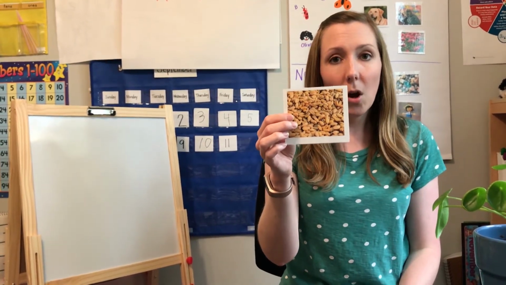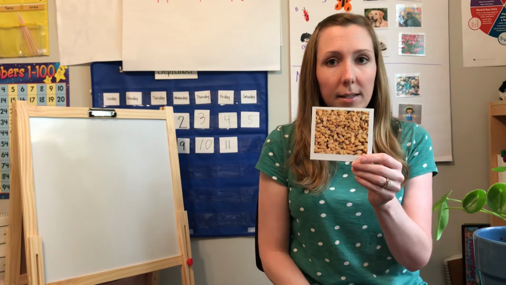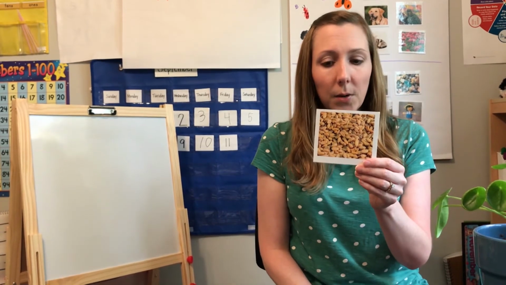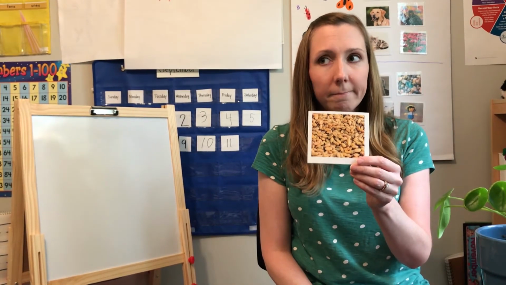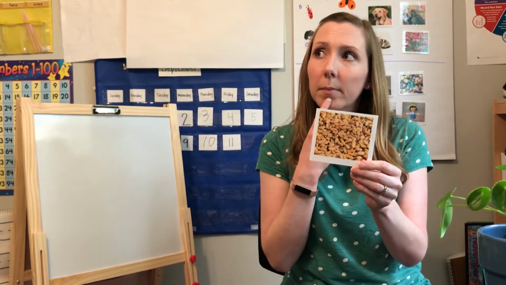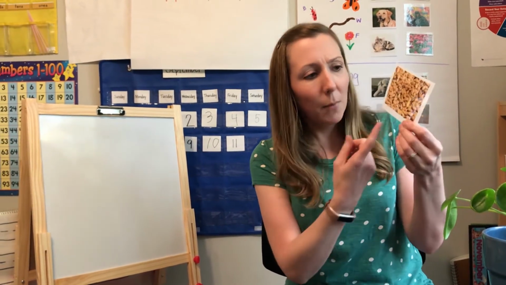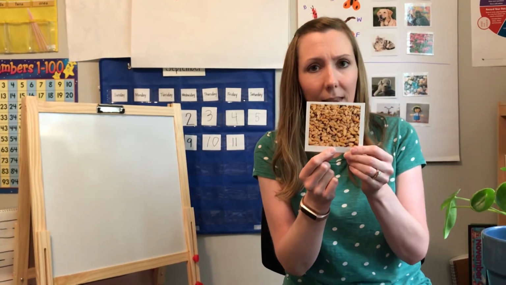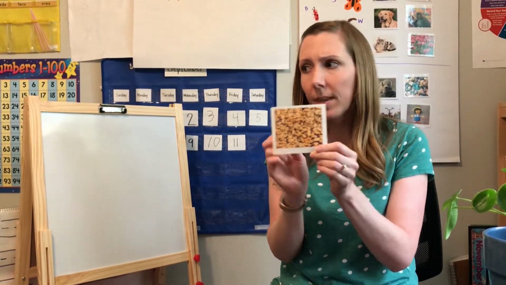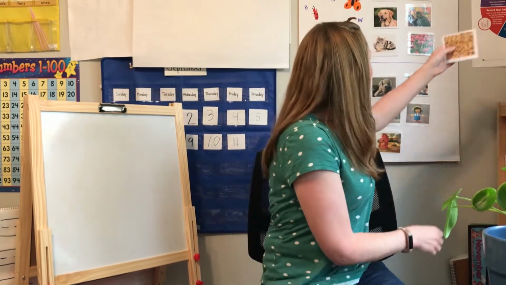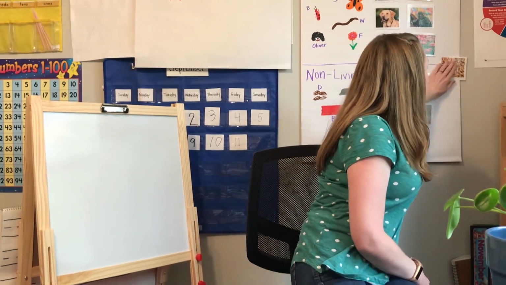Does it grow and change if you just sit it on a table? No. Does it need food, air, and water? We might have to learn more about this. So now we have another question. Is a seed a living thing? I'm going to put it just kind of in the middle of our chart while we think about that.